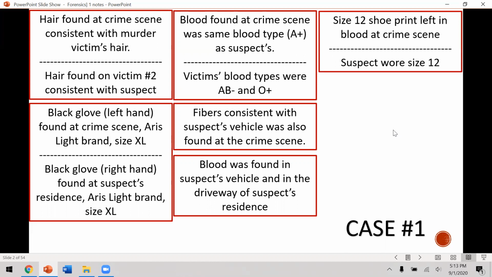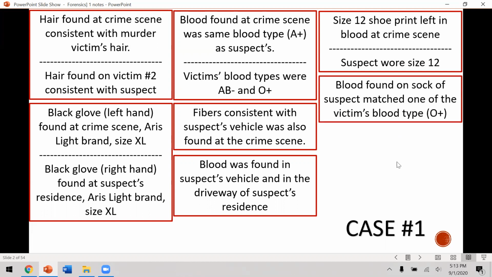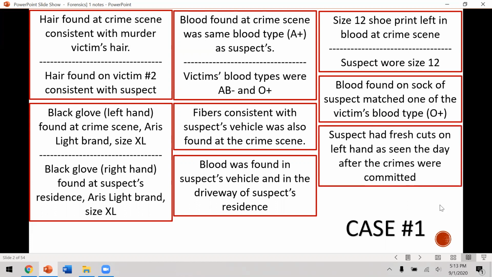A size 12 shoe print was left at the crime scene in blood, and our suspect wore size 12 shoes. The blood that was found on the sock of the suspect matched the blood type of one of the victims. It was O positive. And the suspect had a fresh cut on their hand seen the day after these crimes were committed.